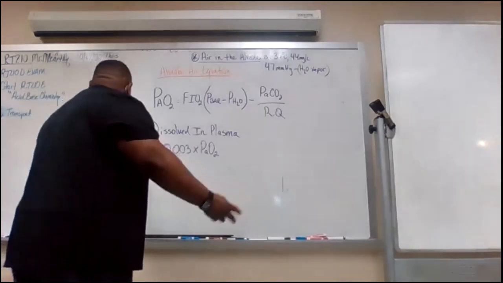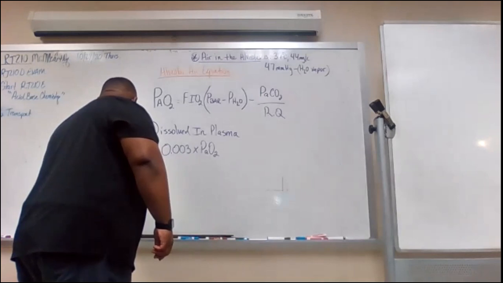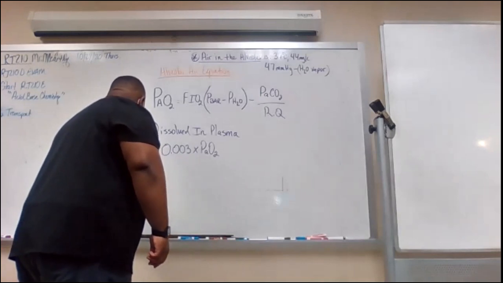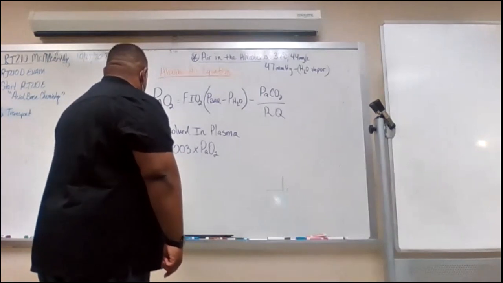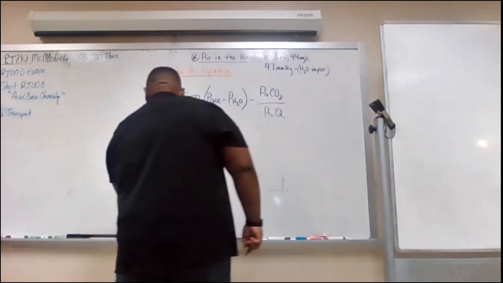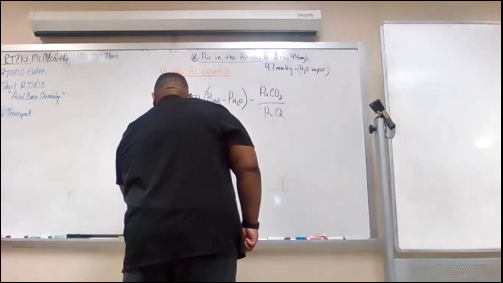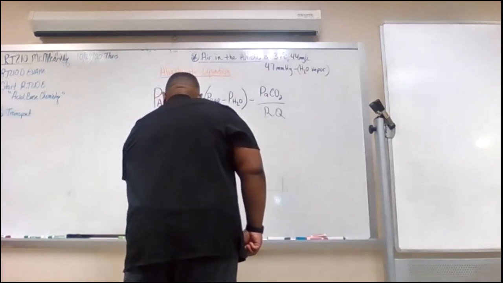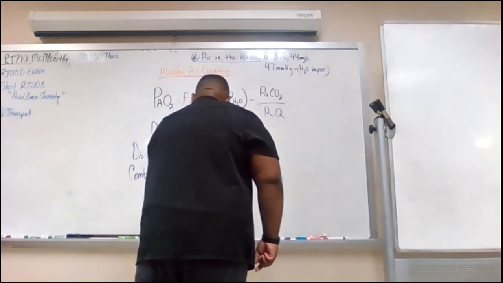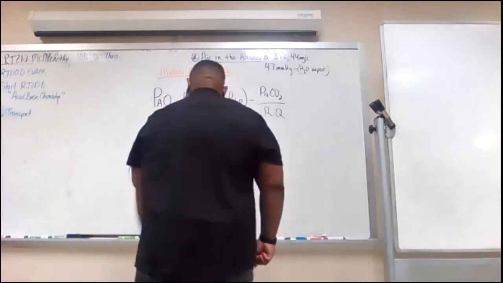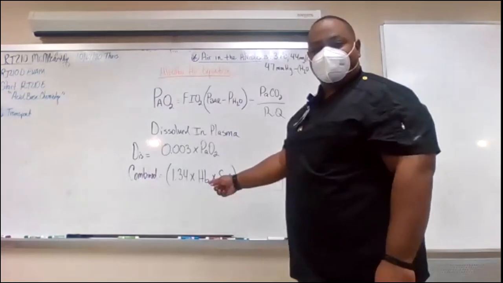All right, combined with the hemoglobin is 1.34 times the hemoglobin times the SAT. That's the formula for combined.